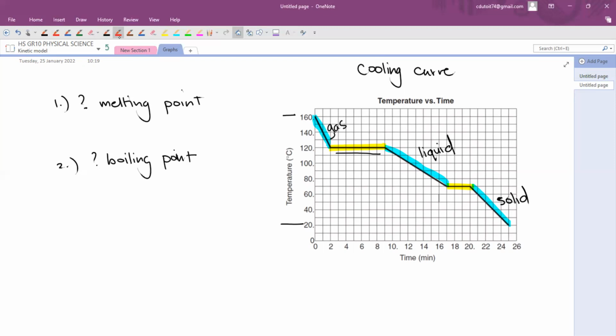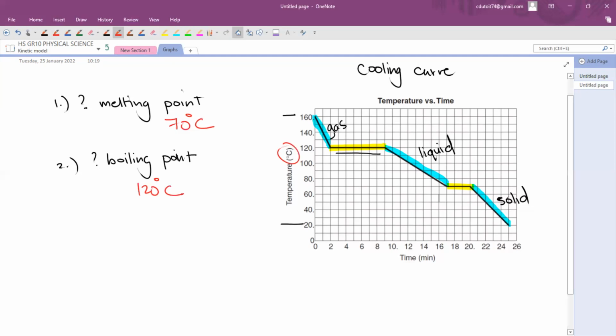Would it be 70 degrees? 70 is correct, degrees Celsius. Just always remember to give the unit. They've given the degrees Celsius, but we're going to work in Kelvin also. It's just another way to indicate temperature. Boiling point. 120 degrees Celsius. Awesome.